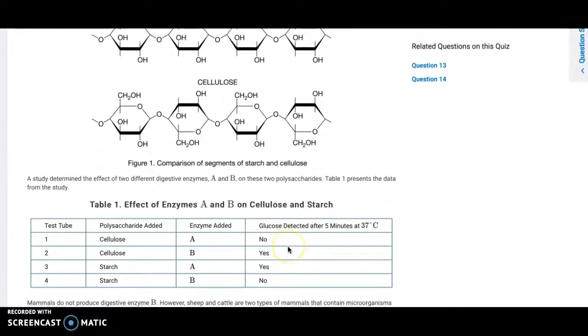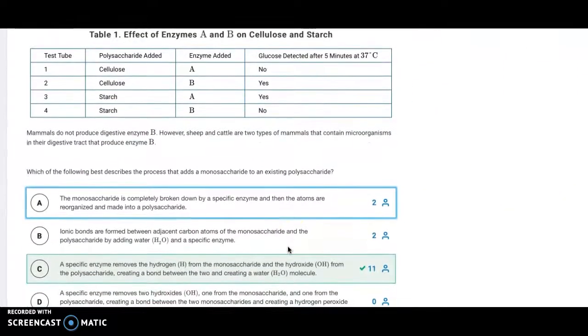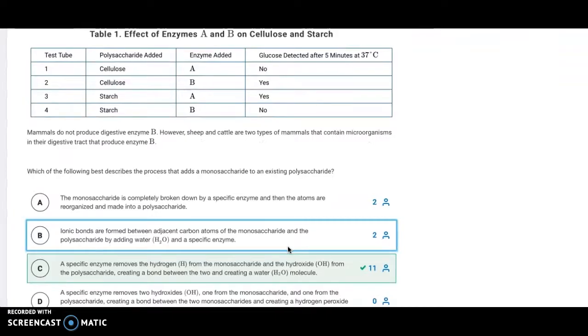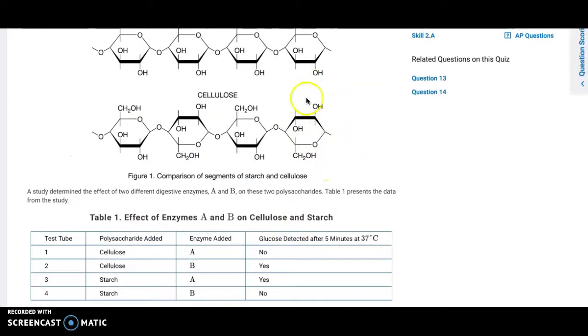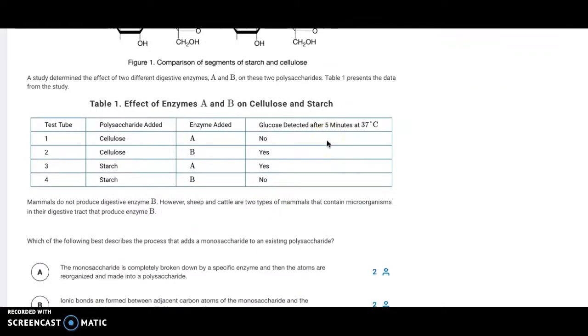Dehydration synthesis, this one tricked a couple of you. The question asks which of the following describes the process that adds a monosaccharide to an existing polysaccharide. That means that would add one more of these monosaccharides to the growing chain.